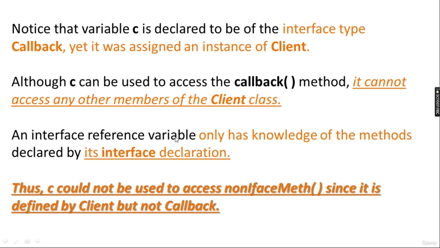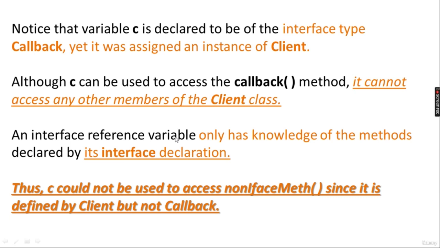Because whatever is written in that particular interface, that particular method written in the interface and implemented in the class, only that method is accessible, or any final variable, static variable is accessible.